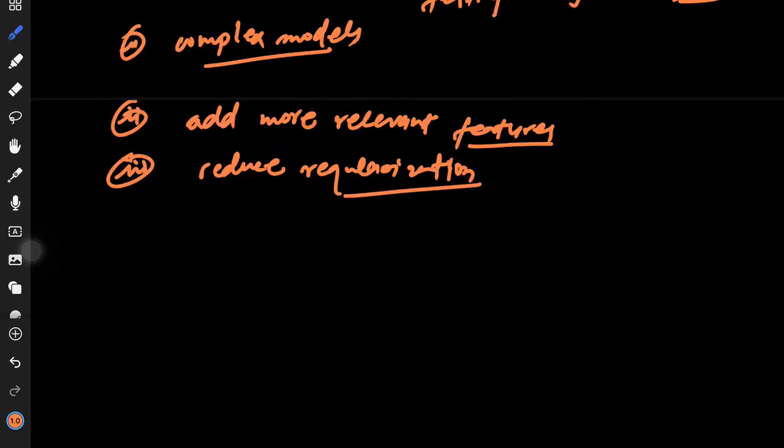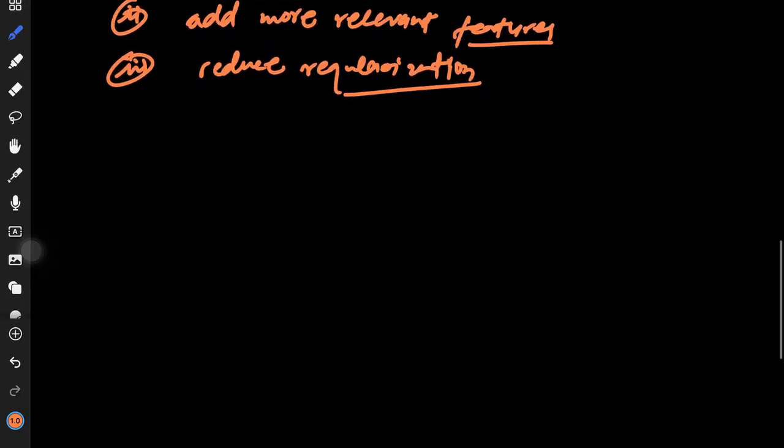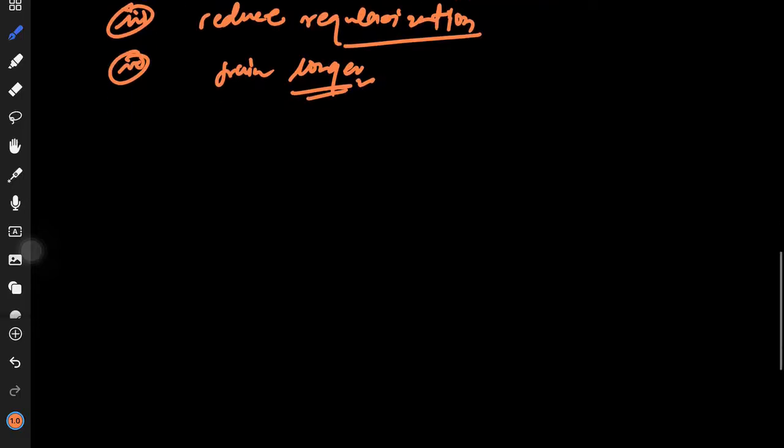But if we want to improve our model, we can reduce regularization if we regularized our model too much. And the fourth one is to train our model for a longer time, which will also increase the accuracy.